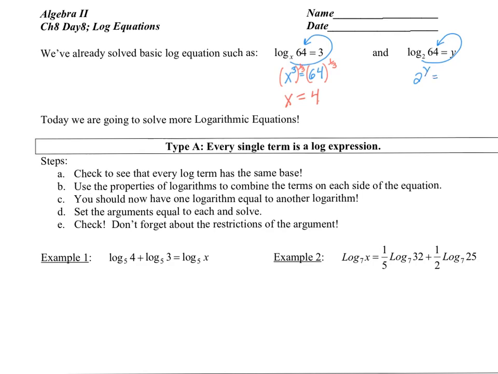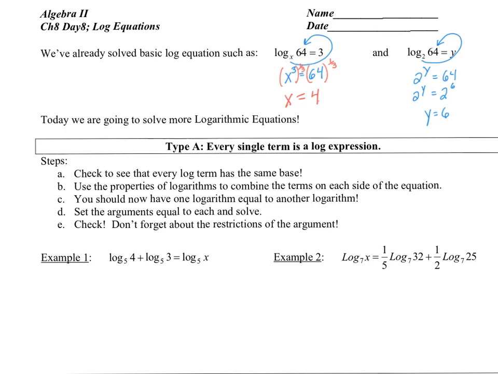So we get 2 to the power of y is equal to 64. Again, if you can do this in your head, that's great, but this is also a case where you try to get a common base. So I am going to rewrite 64 with a base of 2 instead, so that's 2 to the 6th. And in order for 2 to the y to be equal to 2 to the 6th, y must equal 6.